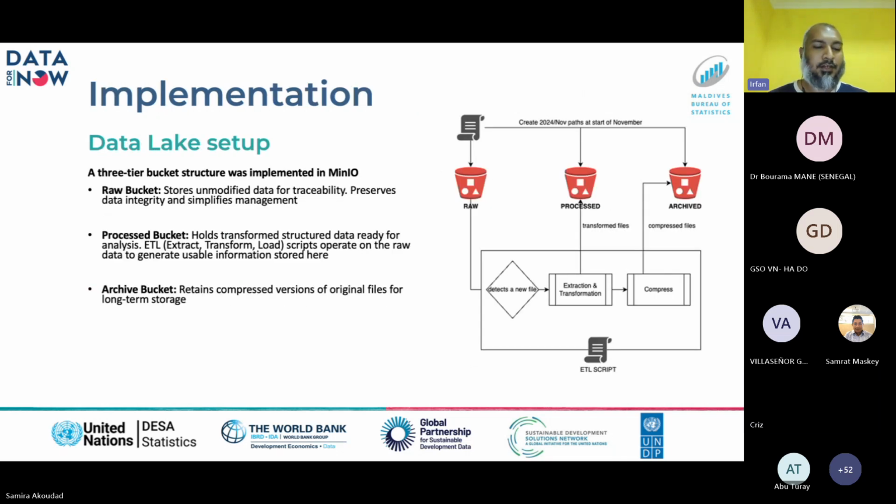So for the implementation of the data lake setup, we used a 3-tier bucket structure. We used a raw bucket, a processed bucket, and an archive bucket. The raw bucket stores unmodified data for transferability. It preserves the data integrity and simplifies management.